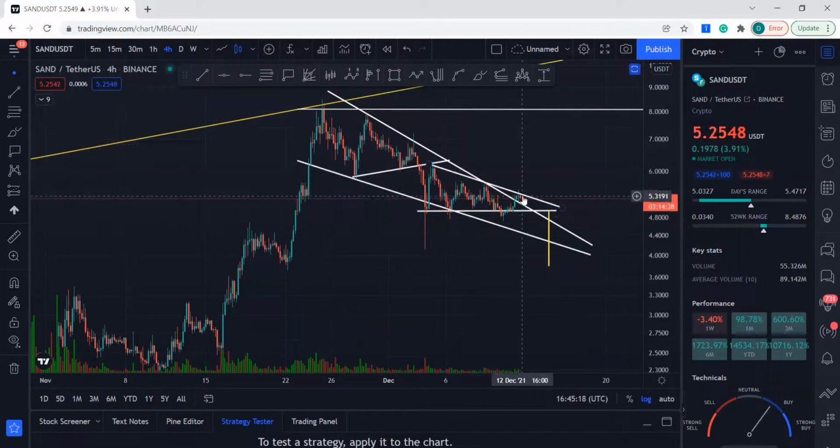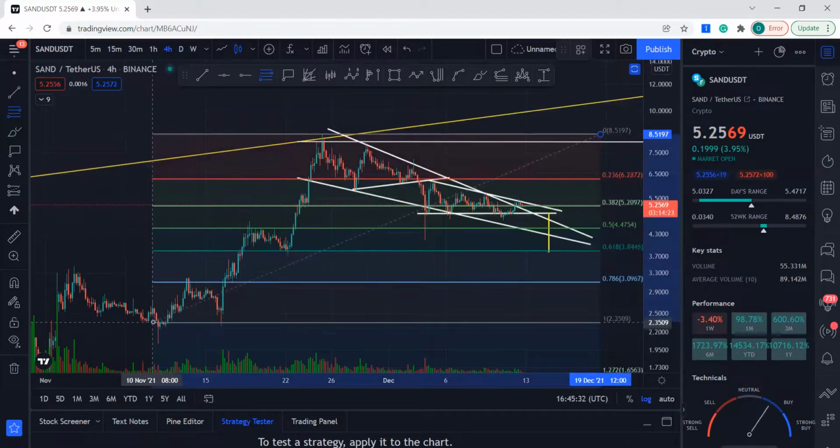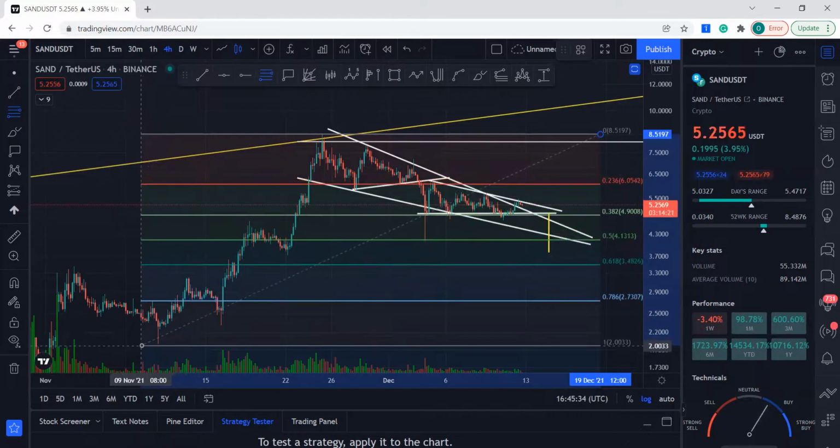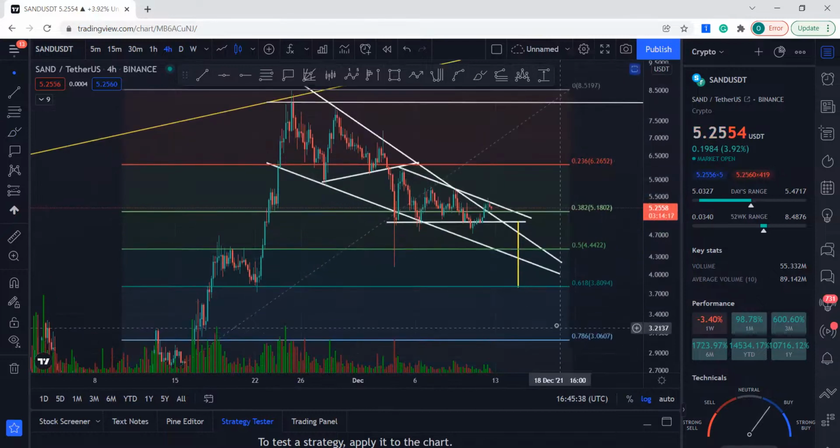Okay. Now, if we do have support here, I'll just lay it down for you. See this. A descending triangle has a support at 0.618 level.